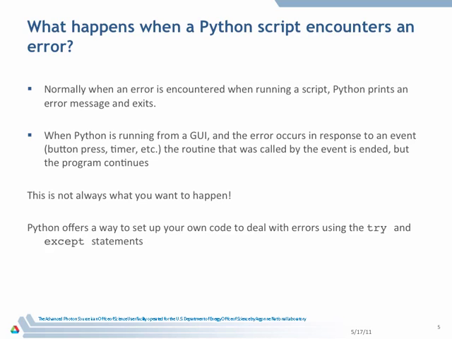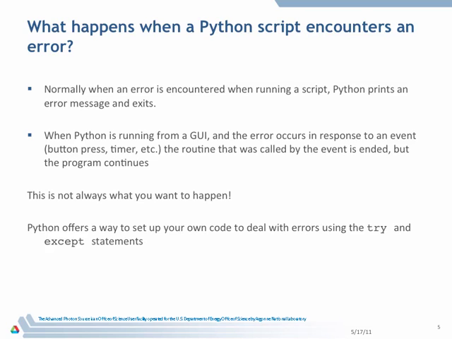If you're running it from a GUI, and we haven't really talked too much about GUIs, the way that a graphical user interface works is you set up a script, the script runs, and then the script goes into sort of a holding pattern, waiting for things that trigger actions. So for example, when you push a button, you trigger an action.